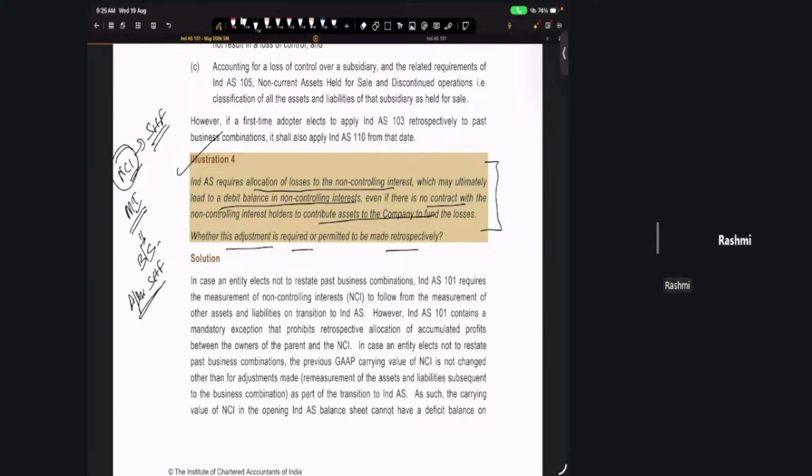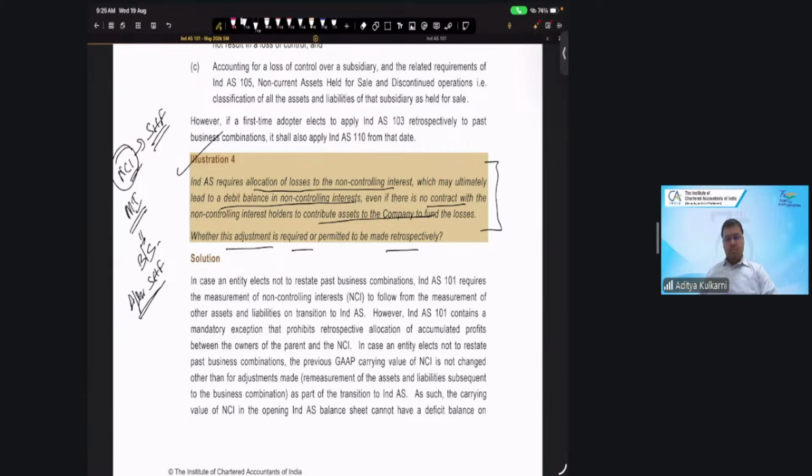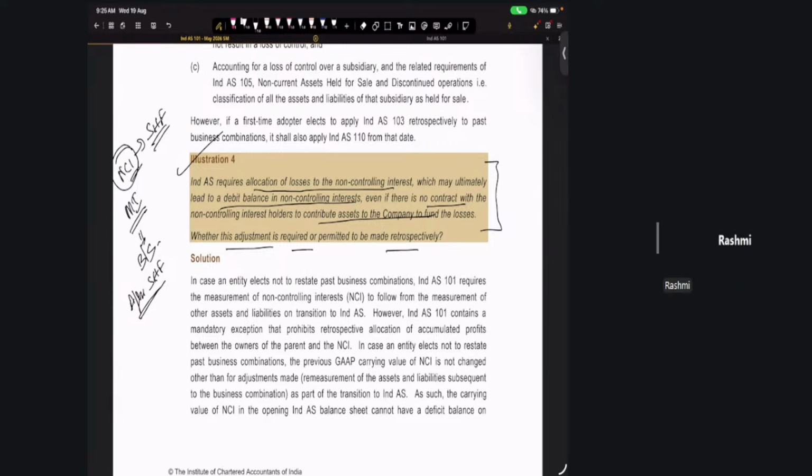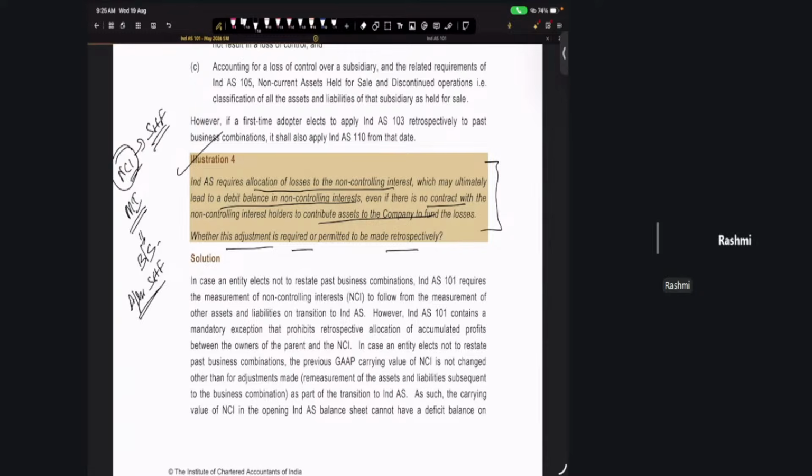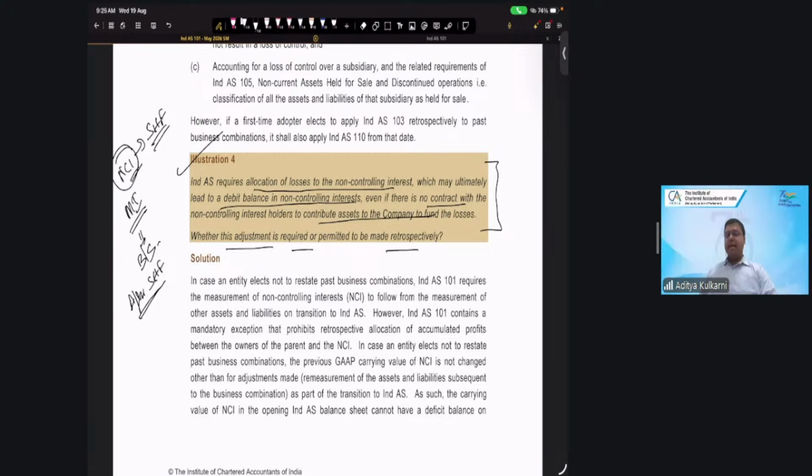So that is also a capital contributor the way I am. So NCI is a part of shareholders' funds under Ind AS, and NCI can have a debit balance for that reason. Non-controlling interest can be shown as negative under Ind AS even if there is no contract to contribute to the assets in the event of losses.